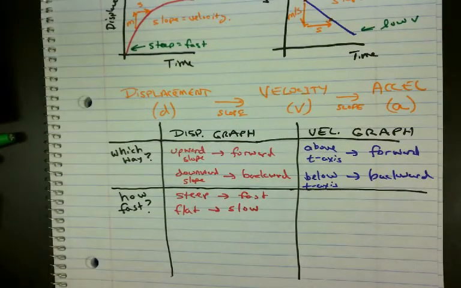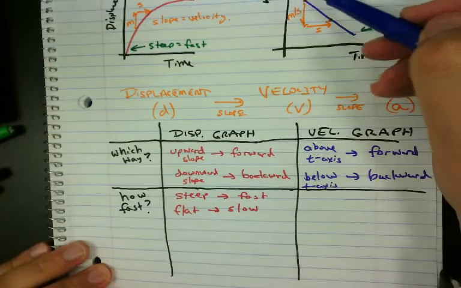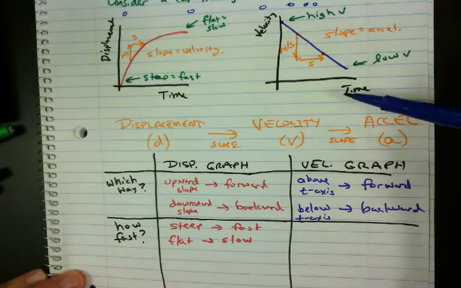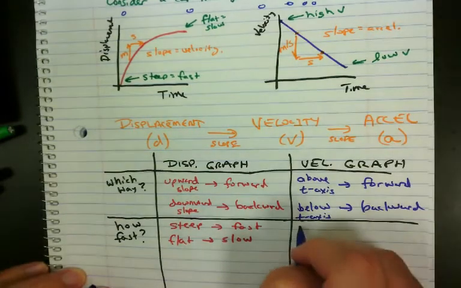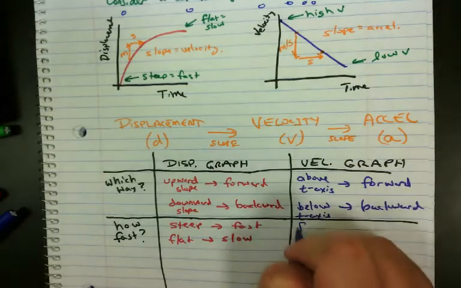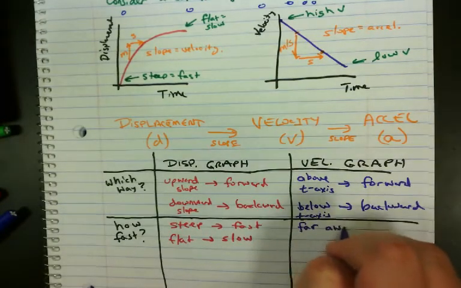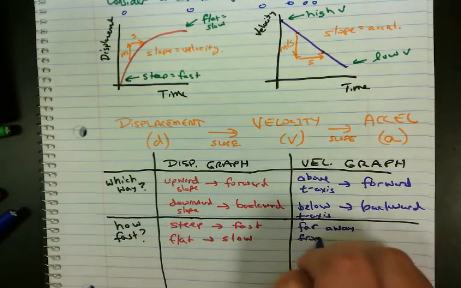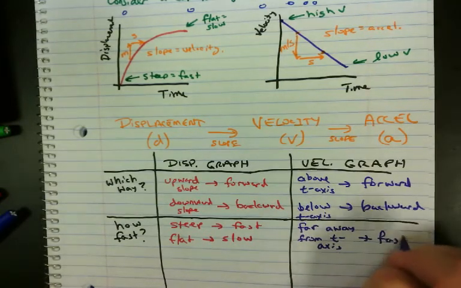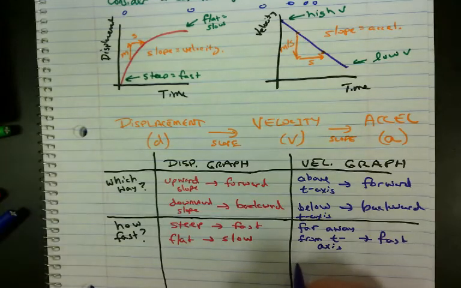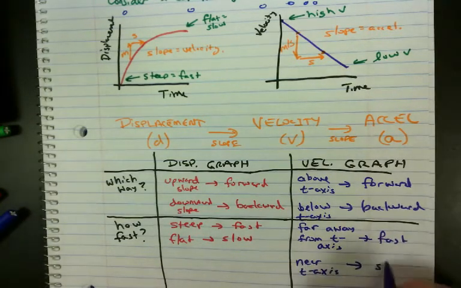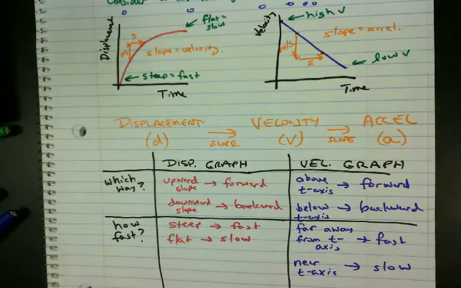Now, in a velocity graph, when I had a high velocity, I was very far away from the t-axis. So we're going to say that far away from the time axis is going to mean fast, and near the t-axis is going to mean slow. I'll show you what I mean by that here in a second.